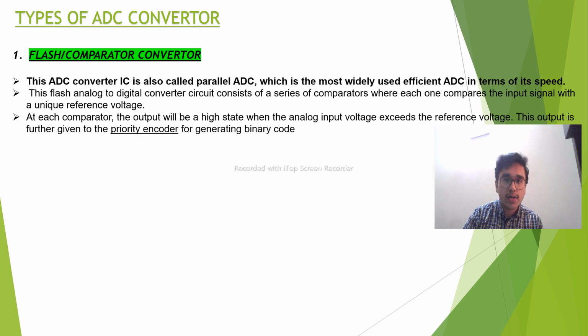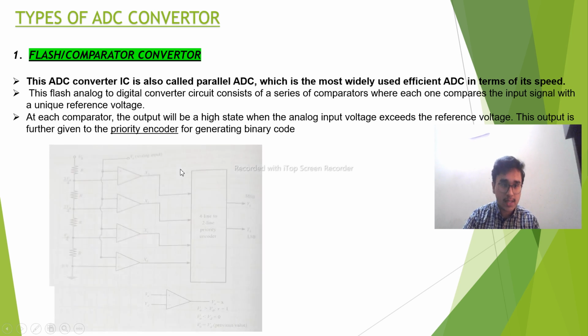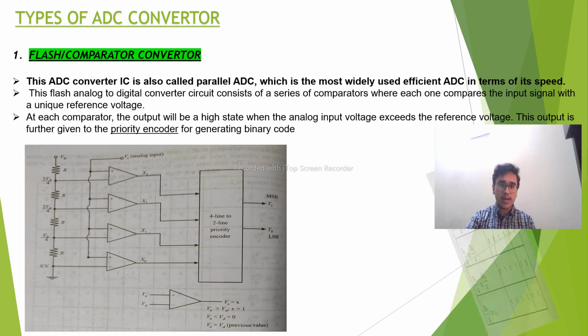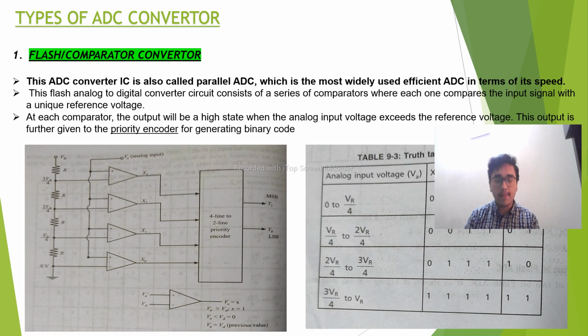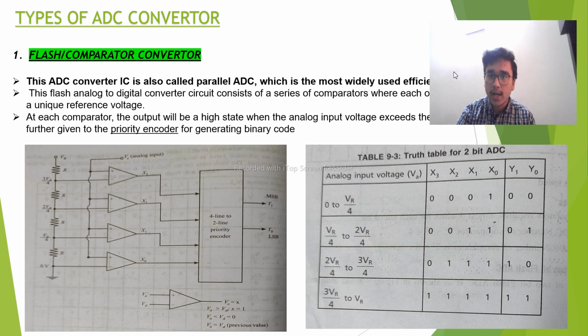So let us look into the diagram so that we can get a proper understanding of what a flash comparator converter is. As we see from the name of the converter, the main logic of this is the comparator.